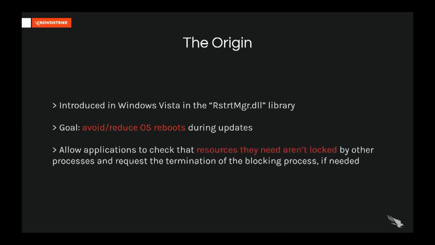So to do that, it provides applications a way to prioritize the update or the installation, check if a resource they need to access is currently blocked by other processes, and if it's the case, gives them an option to ask the system to shut down the processes that are blocking the resource instead of doing a whole reboot.